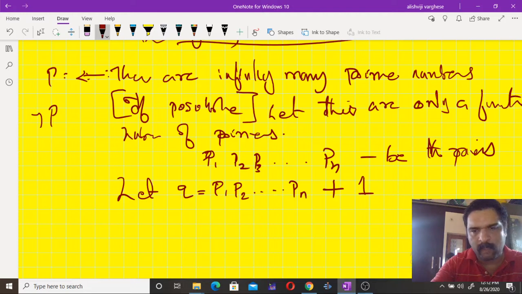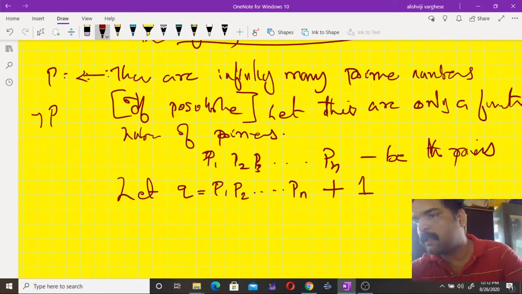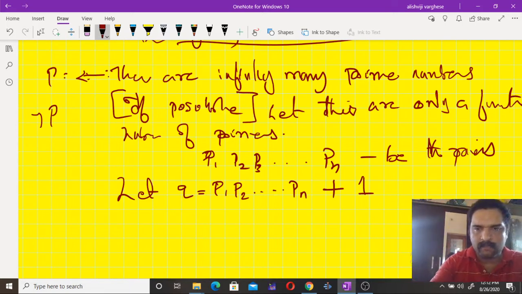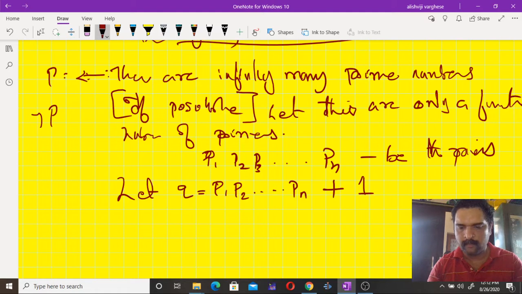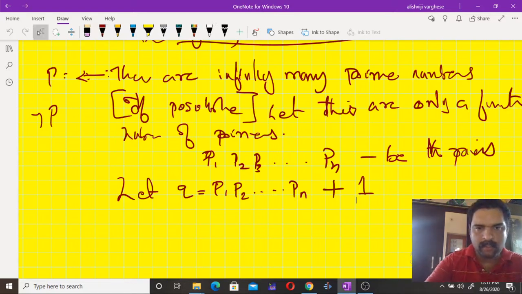Taking the product of n integers gives rise to a new integer, and the new integer plus 1 is another integer, and that integer is named as q. So here we get an integer q equal to p1, p2, etc., pn plus 1. And if you observe closely this particular integer q, then q is not divisible by any of the prime numbers we already named.